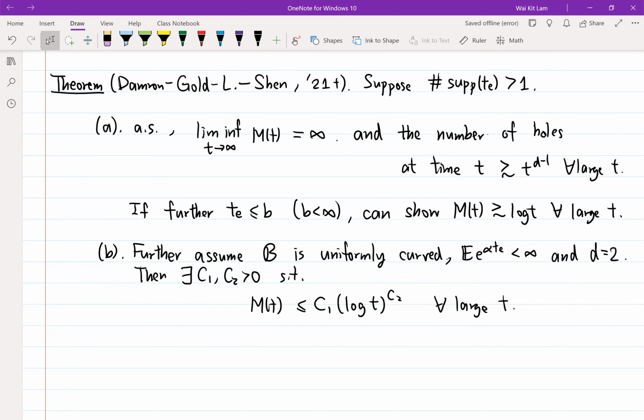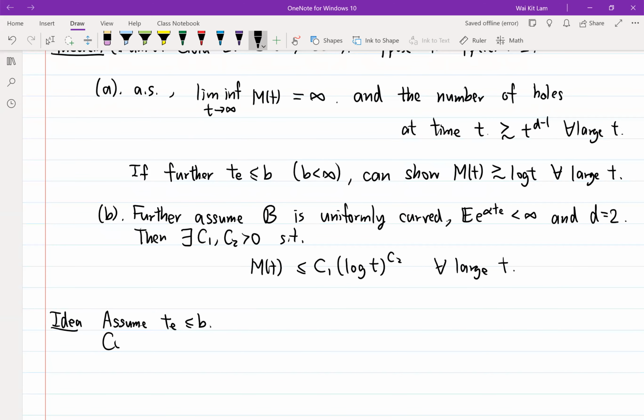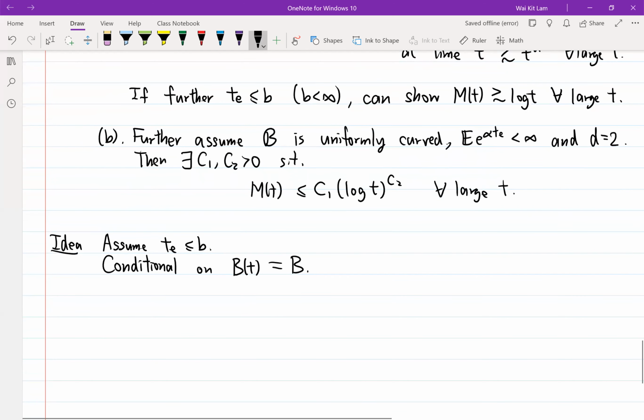Okay, so let me give you a brief idea how this can be proved. For part A, we will just focus on the case that T is bounded, and that's conditional on this ball equaling some set B. So we know that this BT looks like this.